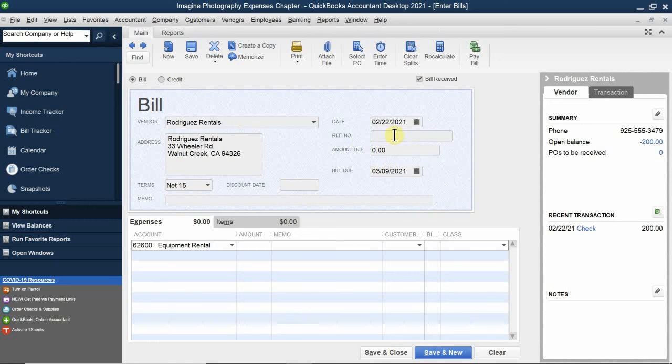So here's the reference number. They gave us a reference number of 1352. And then it's going to be for the total amount of $185, for renting the equipment, for the Walnut Creek location.